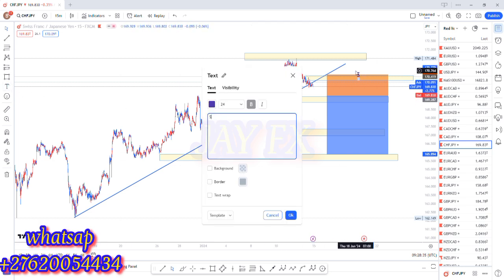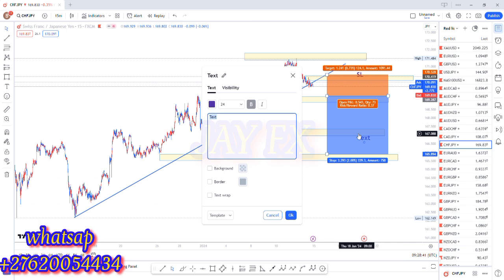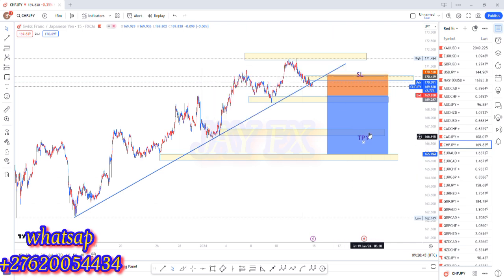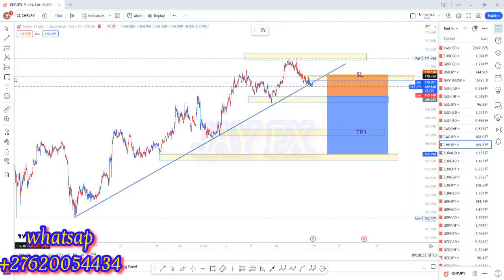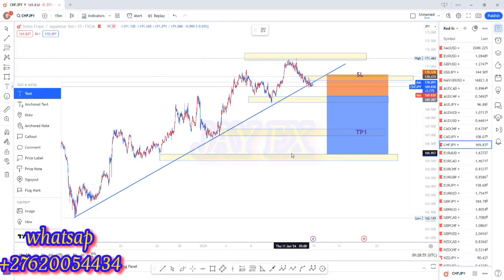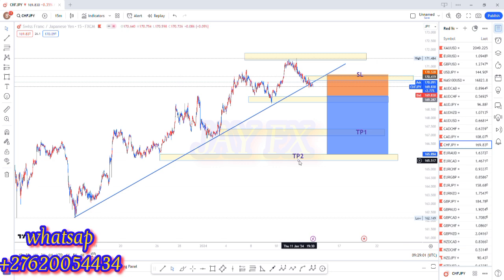Your stop loss must be here, all right. And then your first TP is going to come here. TP1 is going to be to this level, and then TP2 is going to be to this level, and then you are free to go.